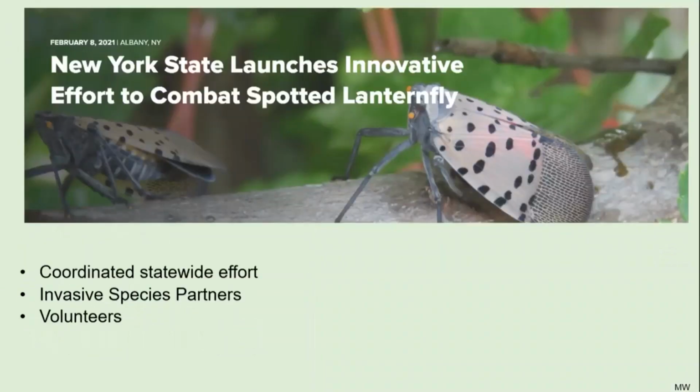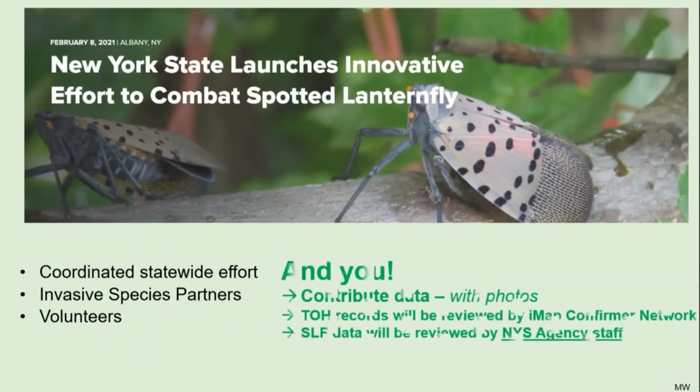And so a lot of what we will talk about today kind of started with this innovative effort that we launched last year, a coordinated statewide effort to monitor invasive species, particularly to monitor spotted lanternfly, both with invasive species partners, so professionals, but also volunteers.